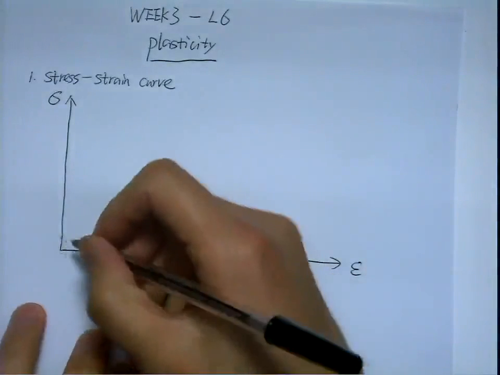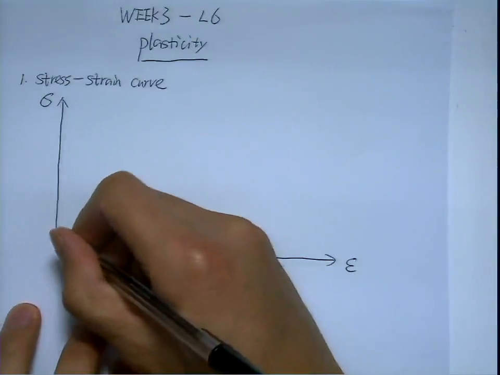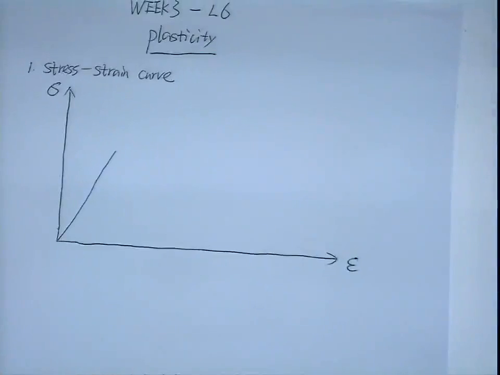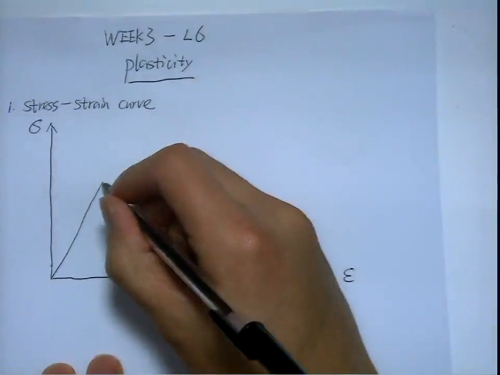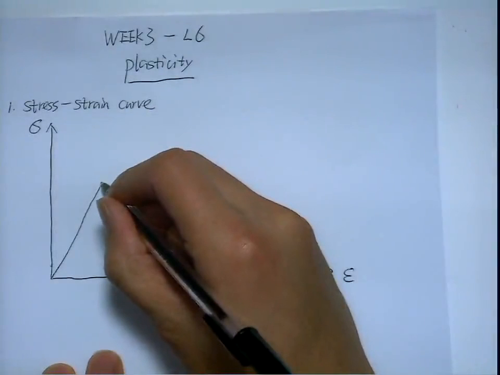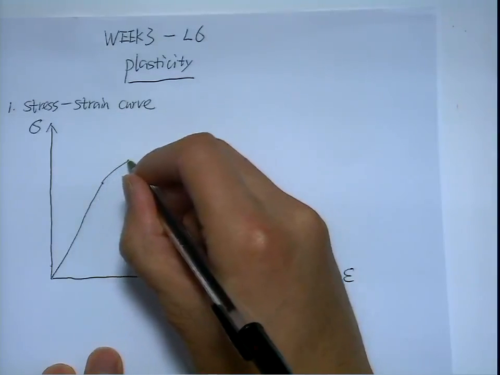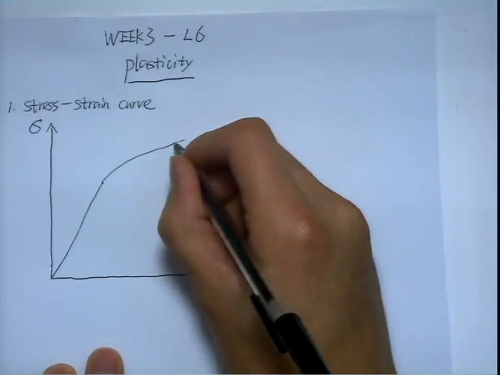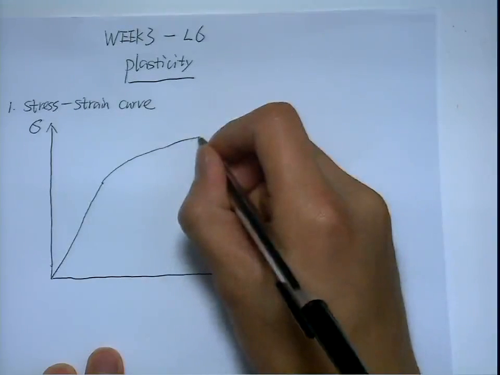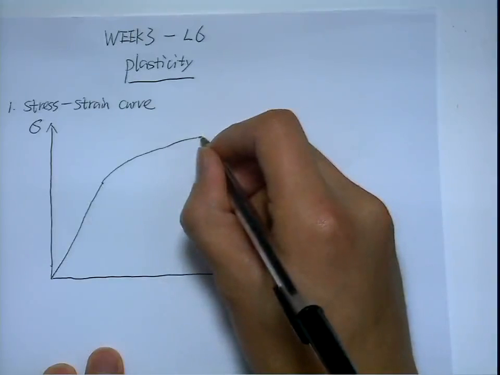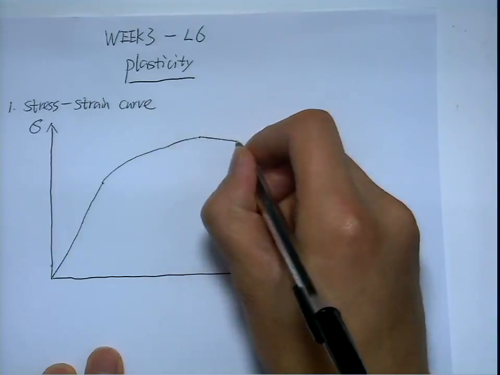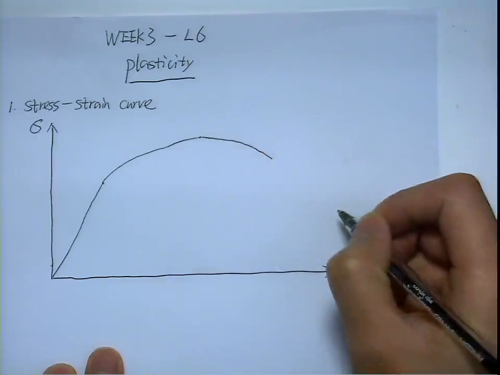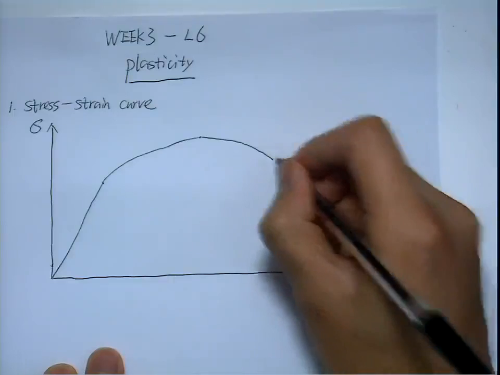Initially you have a linear elastic region, followed by the yielding point, where the material starts to diverge from the linear elastic line until you reach a maximum point. Then the material starts to neck, and the cross-section becomes smaller and smaller, and finally it fails at some point here.